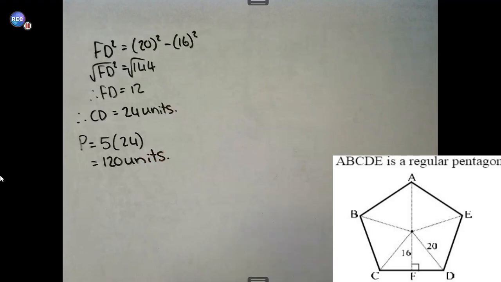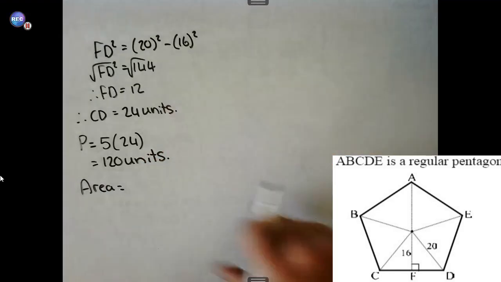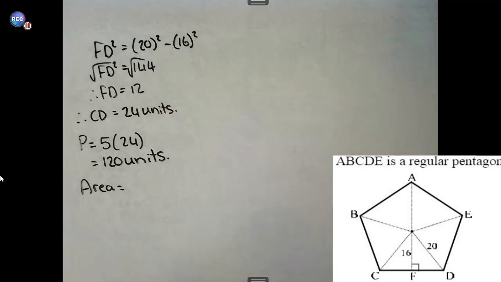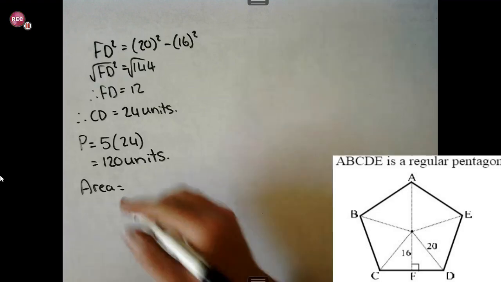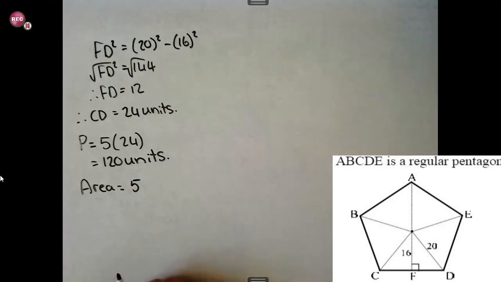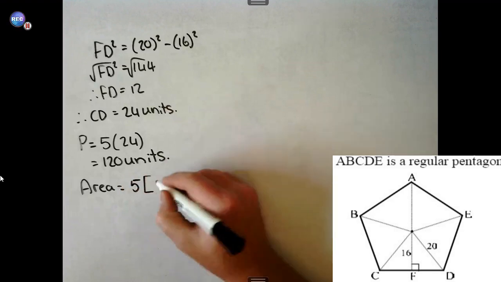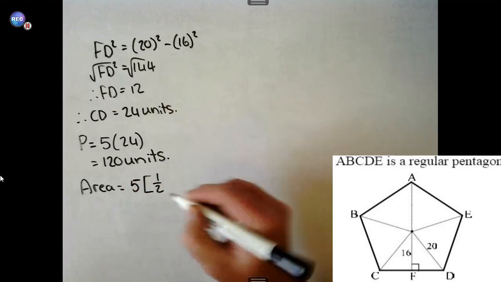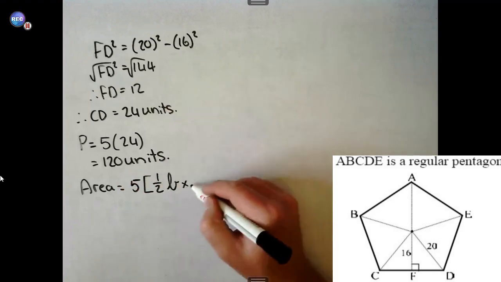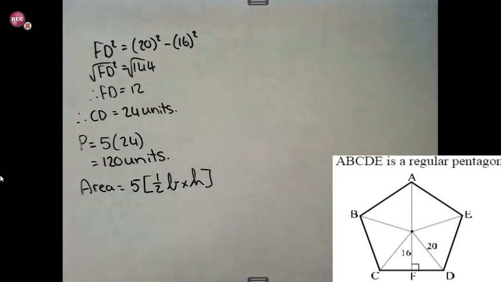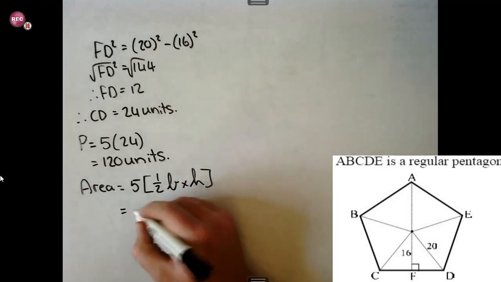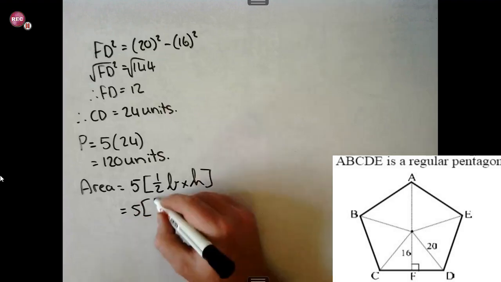Then on the area for this shape, you would know that there are 5 congruent isosceles triangles in it, and you need to know the area formula of a triangle. So there are 5 of those triangles. And the formula for the triangles is half base times height, as you should have learned by now. So we're going to say 5 times a half.